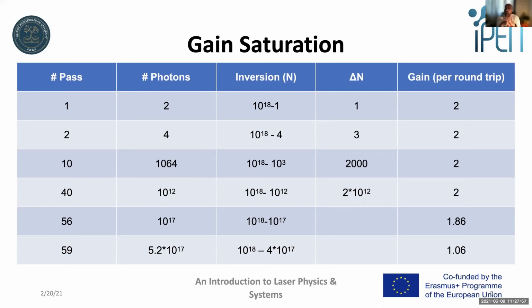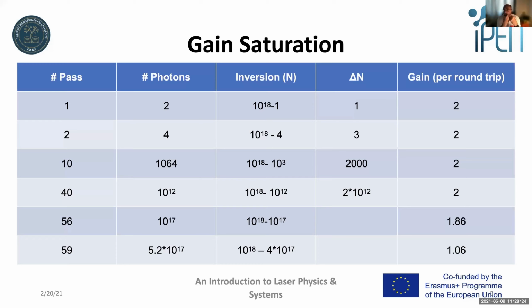So the gain in this case is equal to 2, because from one photon we got two photons. Then these photons are going to reflect back. So we have the second pass. The second pass will induce the generation of 4 photons. The 2 photons that are coming interact with our population inversion, and they induce the downward transition of another 2 atoms.